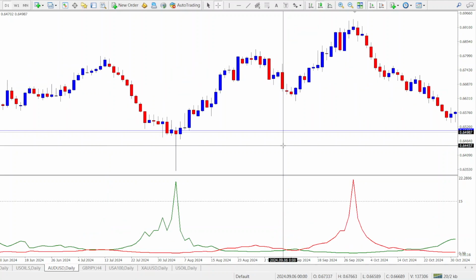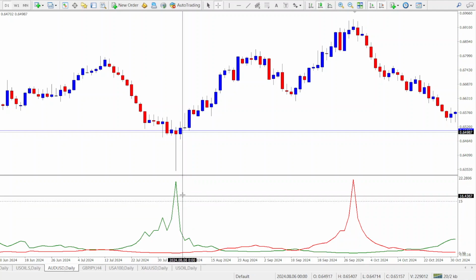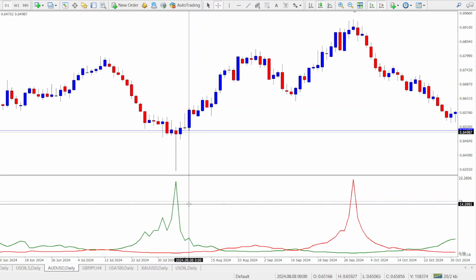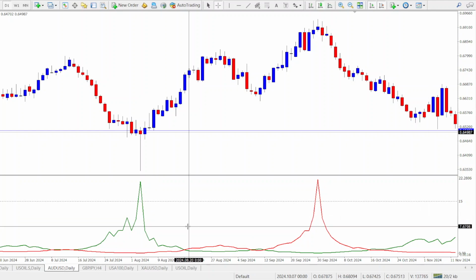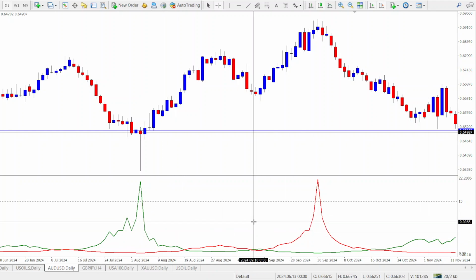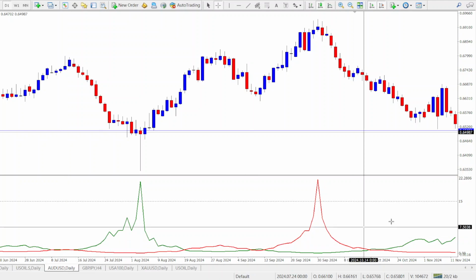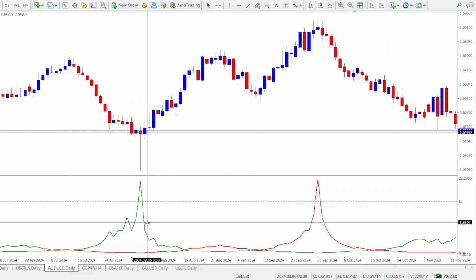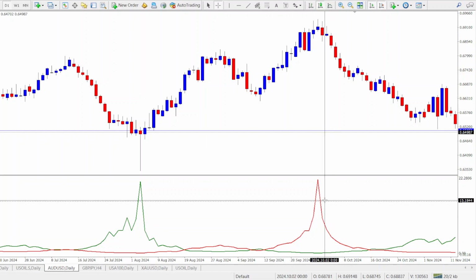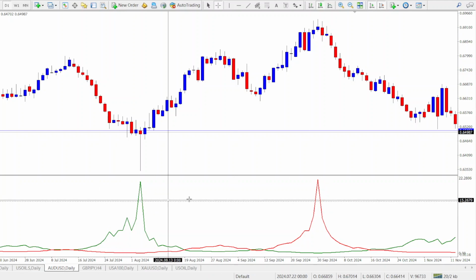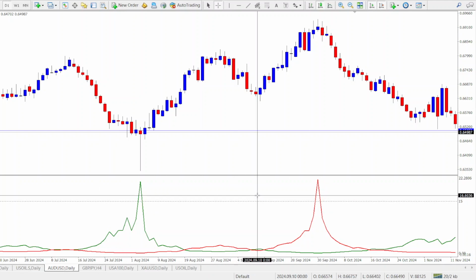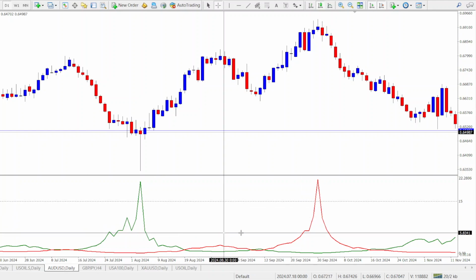The signals are very easy to interpret. Just pay attention to the colors of the peak buy sell indicator. The green line gives you buy signals, the red line gives you sell signals, but basically the way the signals are given is the same.